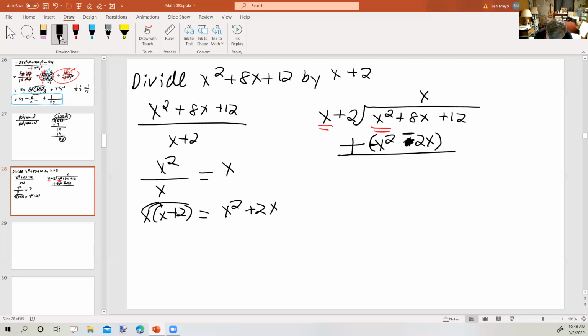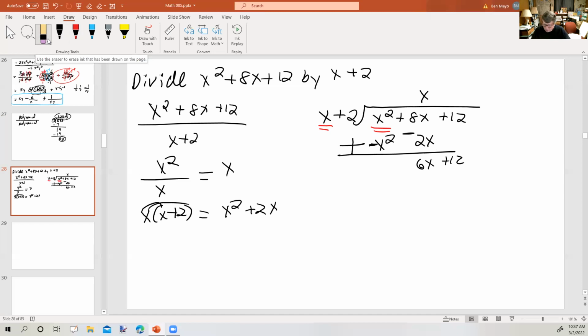Well, now that I've got a plus sign outside, I could, if I wanted to, drop those parentheses or ignore them and add it up. So what do I do when I add it up? Well, let's see. This is going to be 0x squared. This is going to be what? 8x plus negative 2x is 6x plus 12. And in fact, I probably wouldn't even bother to write that since it cancels out. So I get 6x plus 12.